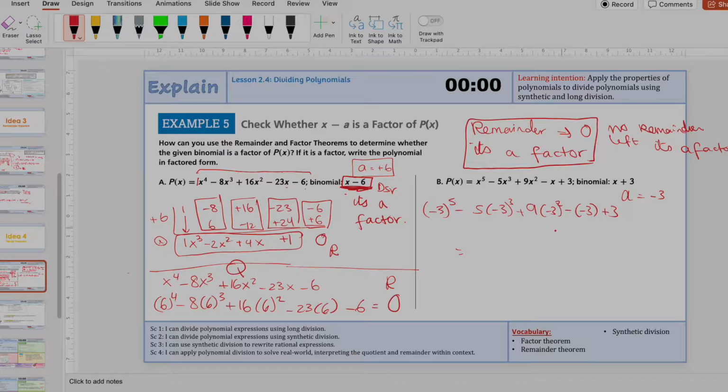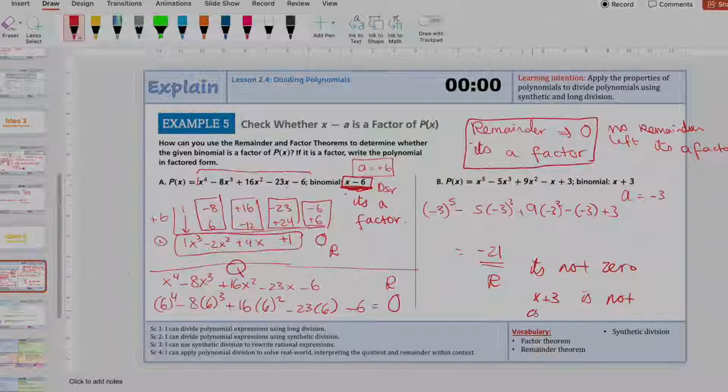This is gonna be -21, and that's my remainder. The remainder is not 0, so x plus 3 is not a factor.